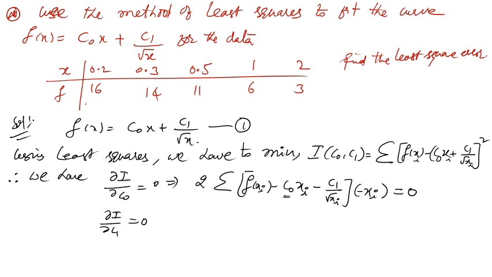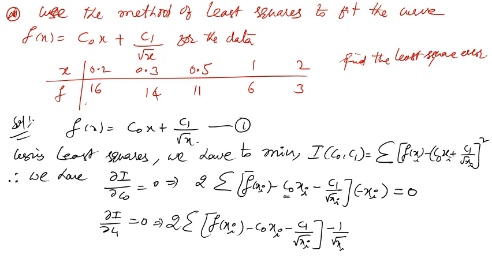Coming to the other one, this is 2 into summation f of xi minus c naught xi minus c1 by root xi, and the derivative with respect to c1 is minus 1 by root xi, equal to 0.